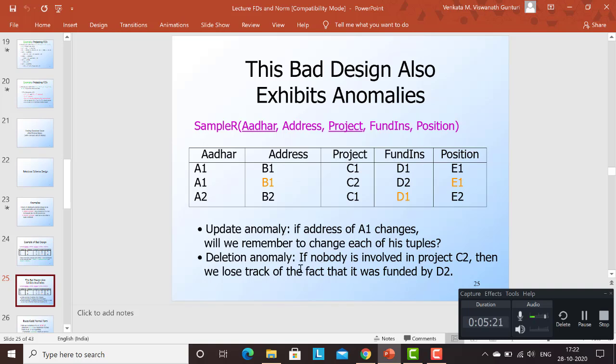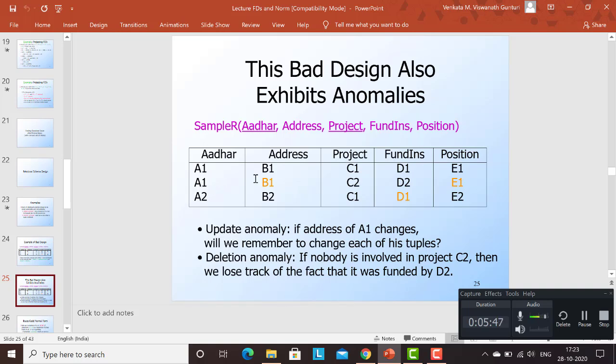Second is the deletion anomaly. Let's say that this particular tuple gets deleted. For example, let's say the faculty A1 is no longer working on project C2. Let's say the project got reassigned or unassigned or something happened.